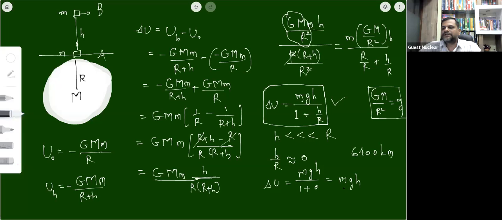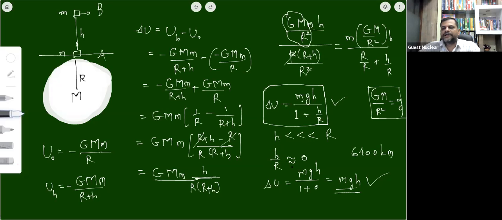So this is the formula which we used in the 10th standard. So यही है formula mgh, the change in potential energy equal to mgh, and it is the approximation of this formula actually for h by r negligibly small.